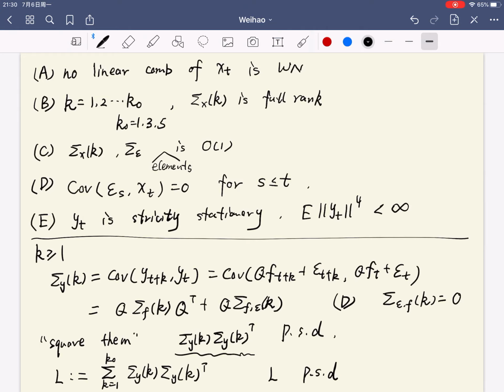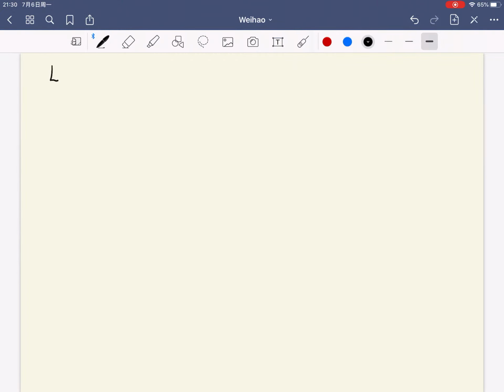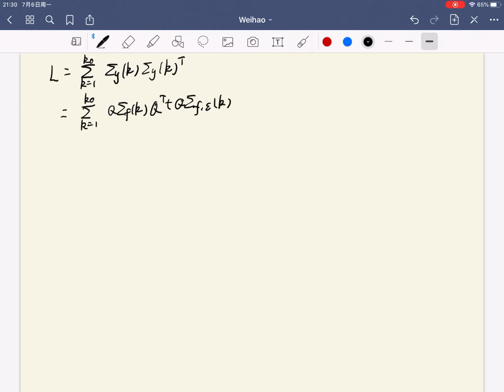Let's expand the definition of L. The second term is the same as the first term, so I do not copy it.